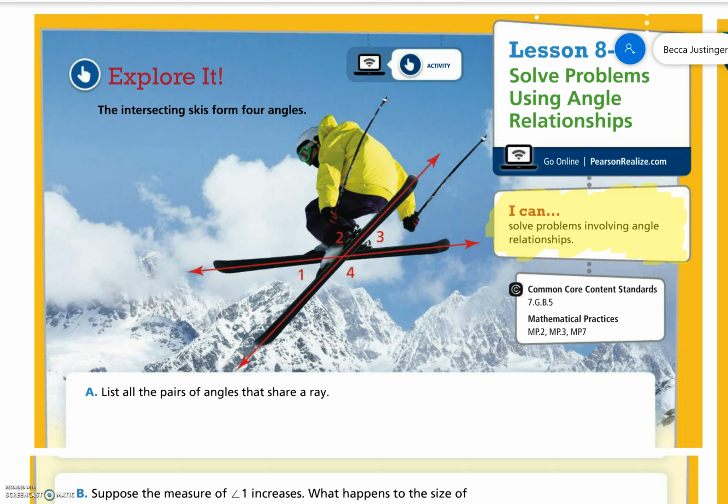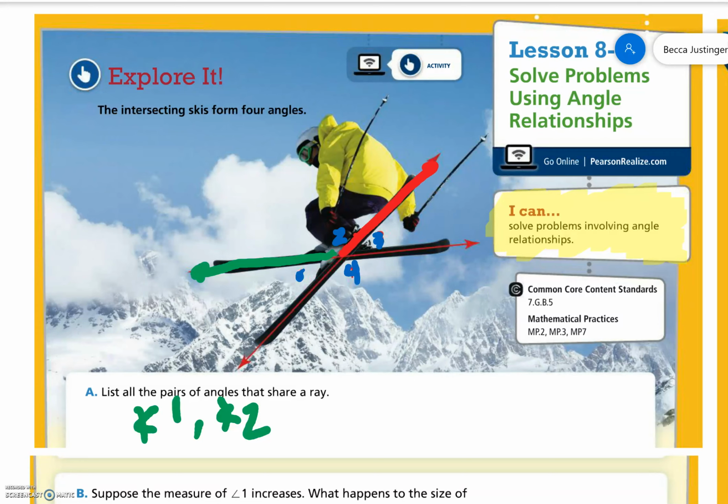The intersecting skis form four angles. Here's angle 1, angle 2, angle 3, and angle 4. List all the pairs of angles that share a ray. A ray is one line. So, for example, angle 1 and angle 2 share a ray.